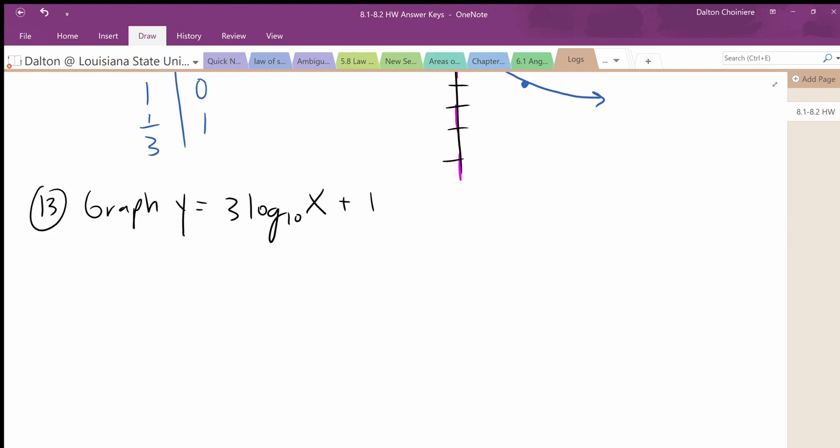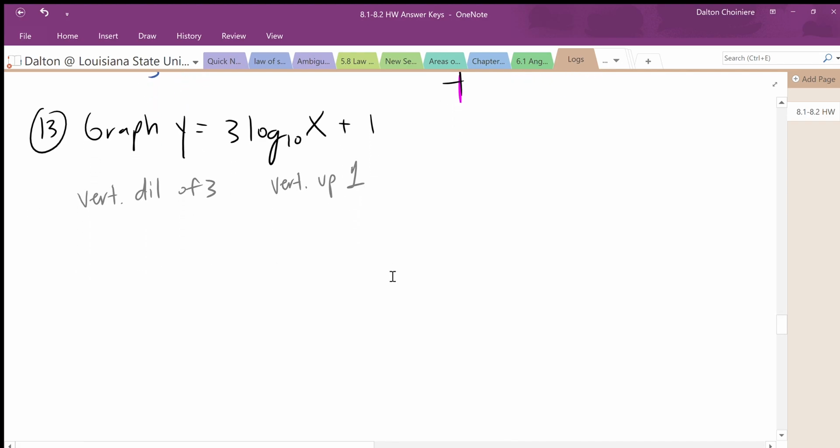The 3 out front is a vertical dilation of 3. And then the plus 1 is going to be a vertical shift up 1. It's important to know that both of these are vertical changes, because when I make my table, I'm going to affect the y values ultimately.